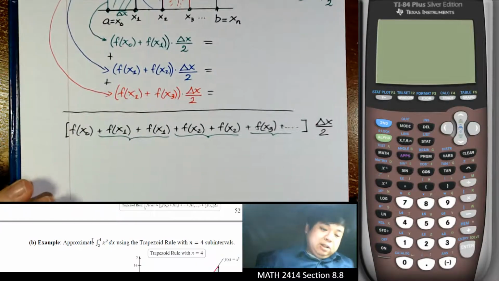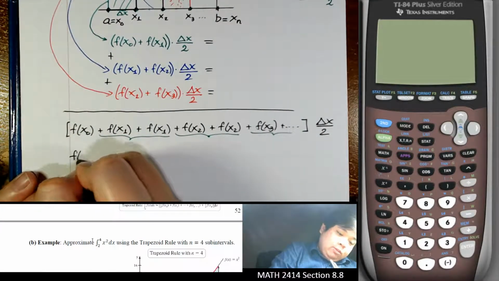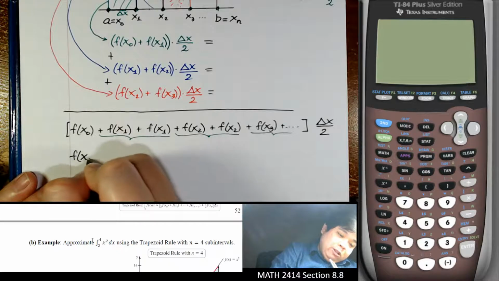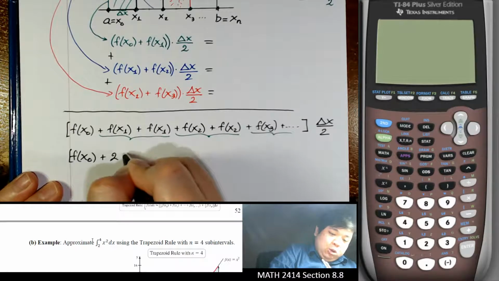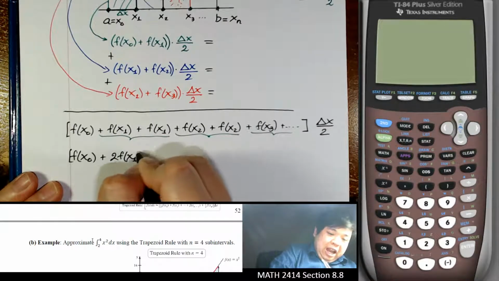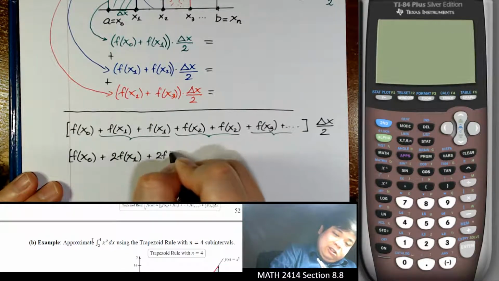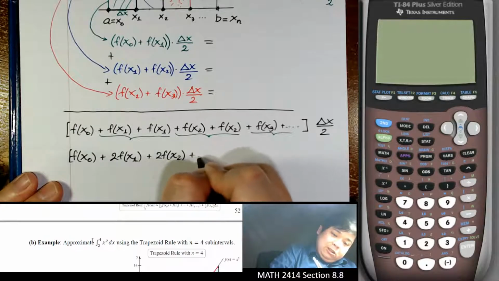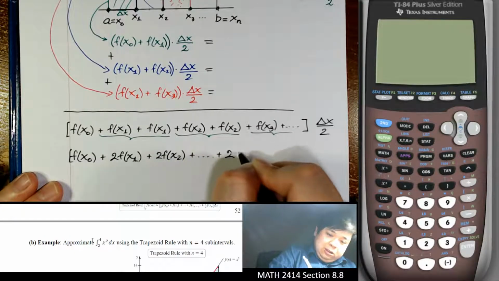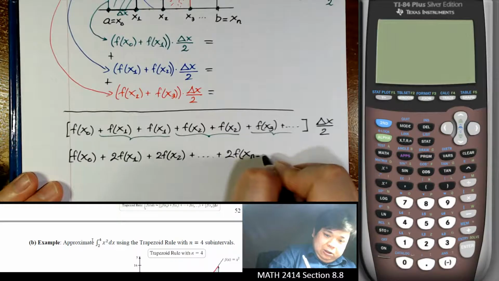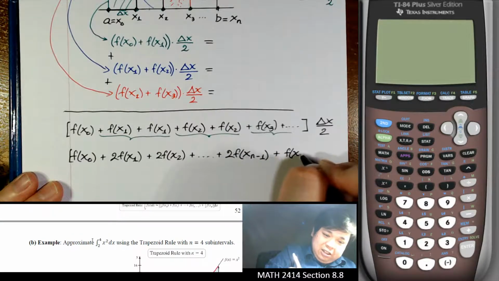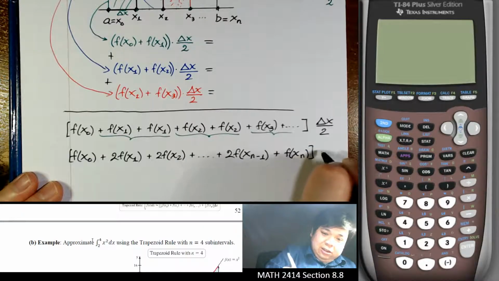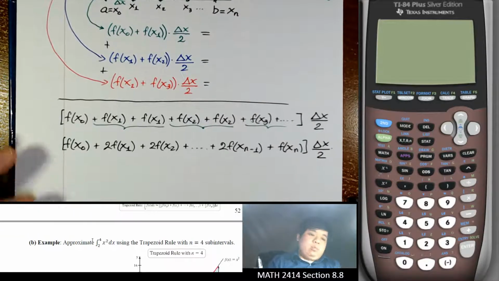So bottom line is, in the trapezoid rule, we have the initial point, and then 2 times every point in the middle, and then 1 point on the last. So that is the trapezoid rule.